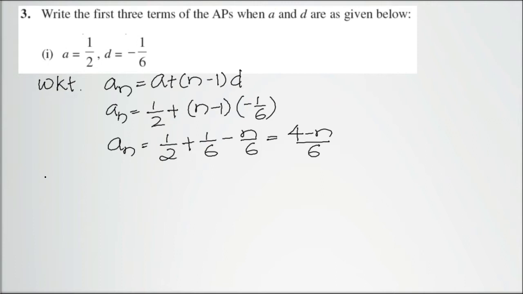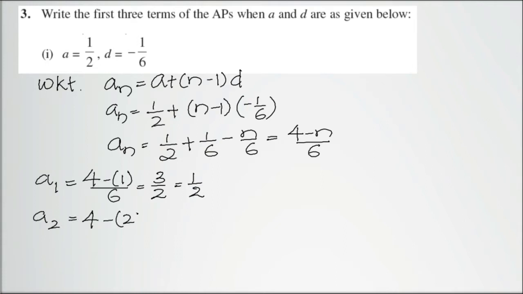With this nth term, I can find the first term by substituting the value of n as 1. So we get 3 by 2, which is nothing but 1 by 2 as the first term. Second term is 4 minus 2 divided by 6, which will be 2 by 6, nothing but 1 upon 3.